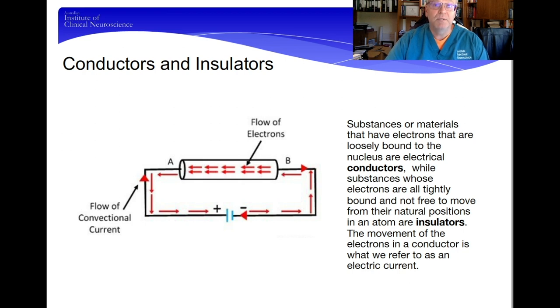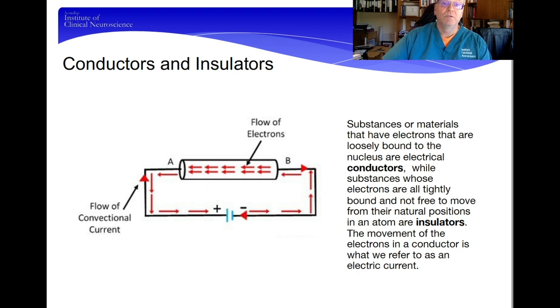Substances that have electrons that are tightly bound have low conductivity, and we call those insulators because they insulate the flow of electrons. Now the movement of the electrons through the circuit or through the pathway is called the current.